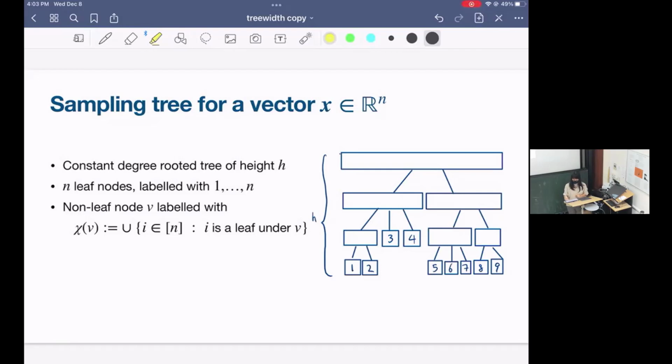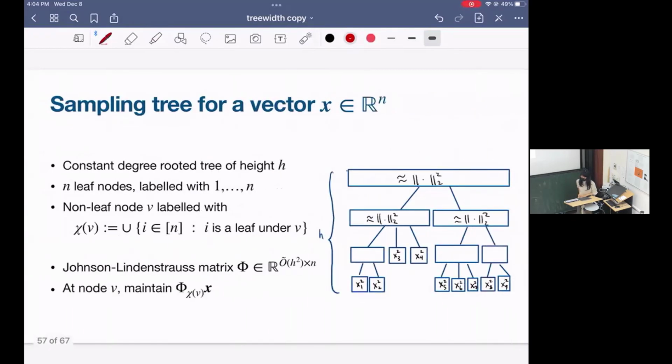So this is going to be the whole vector x, and this is going to be x1 through 4. Here is x5 through 9, and so on. And we're going to keep this Johnson-Lindenstrauss sketching matrix phi, and at every node we maintain phi restricted to the coordinates you're interested in, times x.